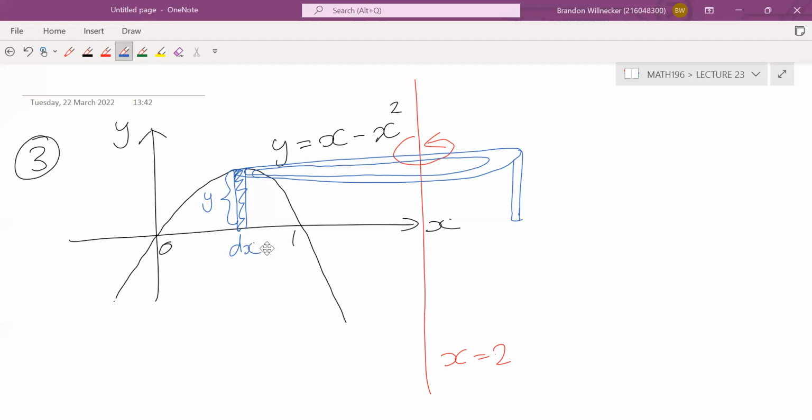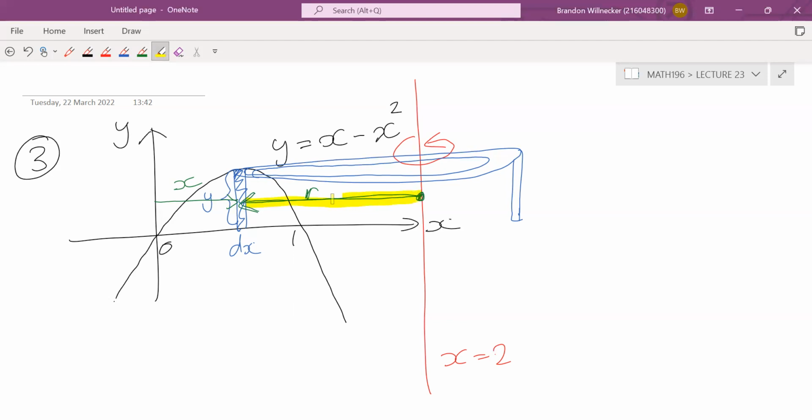In this case, the radius is not x, because this distance over here, that distance is x. But what we want is this distance. This is the radius. Because remember, the radius is always the distance from the rotation axis out to the cylinder. So we start from the rotation axis and we measure out to the cylinder.